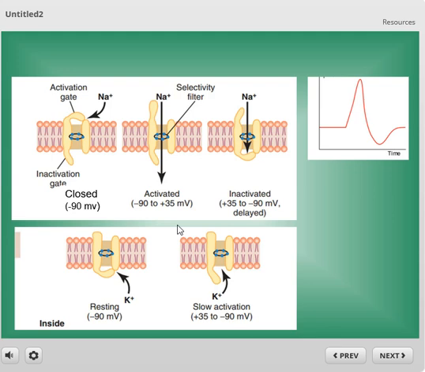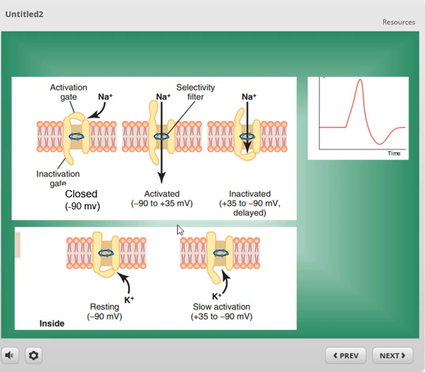At the resting membrane potential, for example minus 90 millivolts, the activation gate is closed, but the inactivation gate is open. So no ions enter the cell from outside to the inside of the cell.